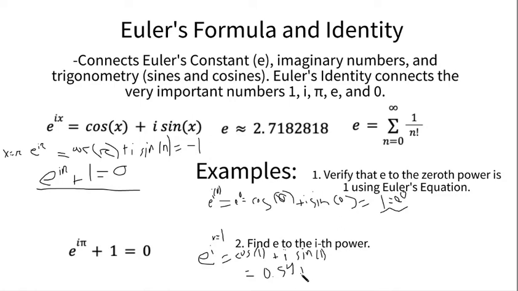And sine of 1 is about 0.84 times i. So this is the answer, 0.54 plus 0.84 times i. So 0.54 plus 0.84 times i is e to the ith power using Euler's formula.